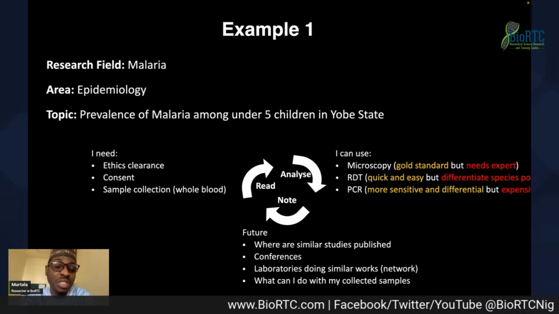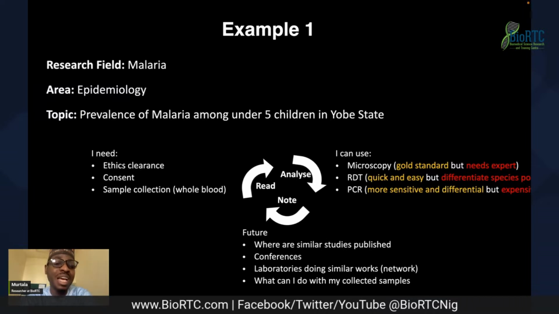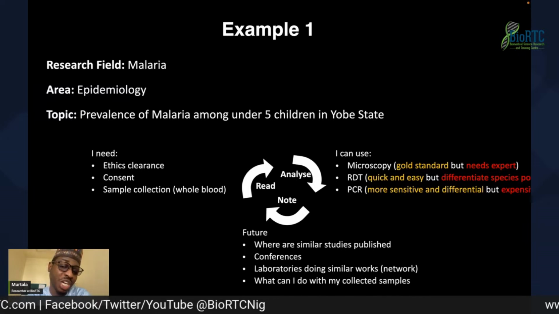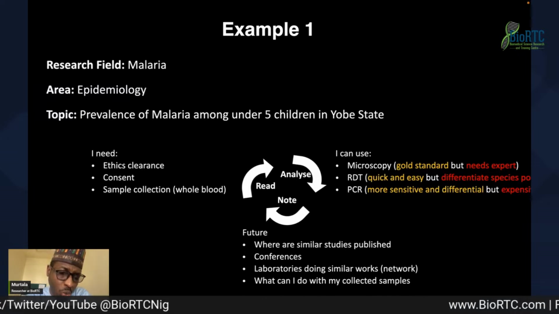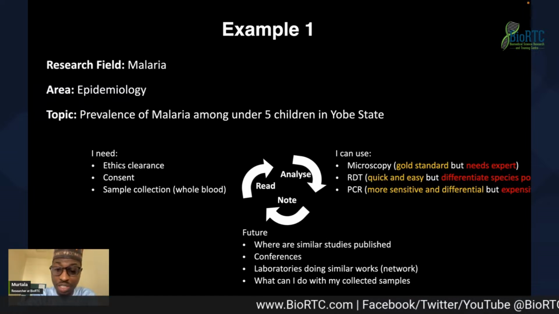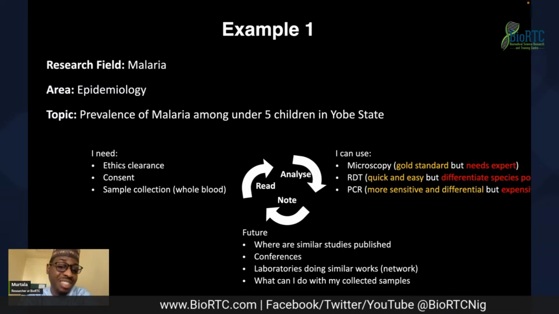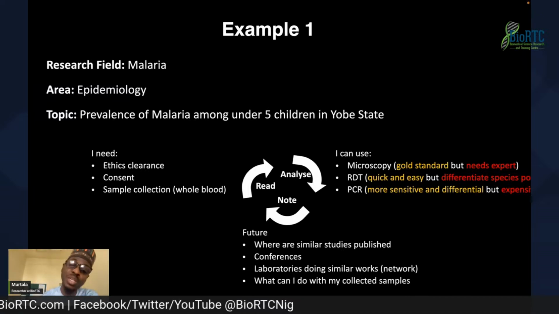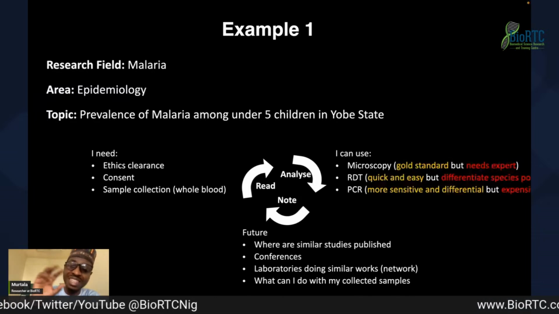Sometimes designing an experiment takes a good part of a good research. Especially, some research starts with designing the research, then seeking research grants. When you are seeking research grants, sometimes you need to spend a long time. What you are doing is reading, analyzing, taking notes and designing the work.